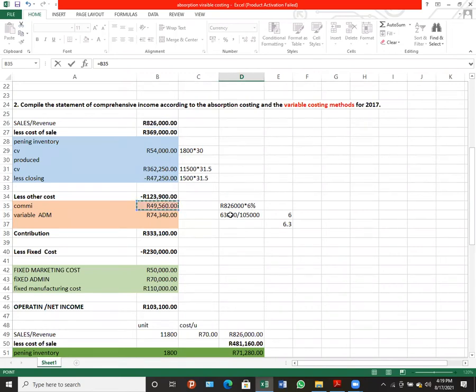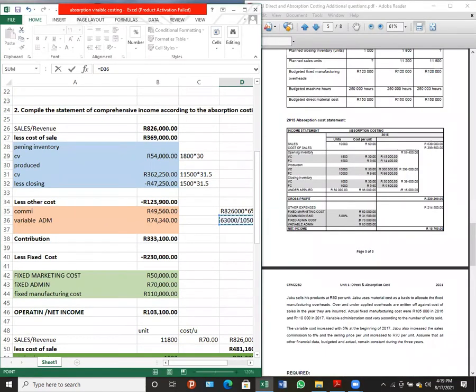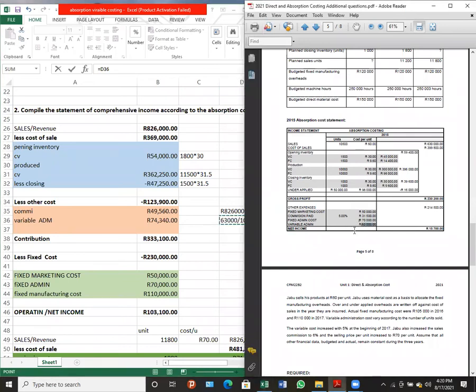And then here, guys, I'm going to explain how we found the variable admin cost.